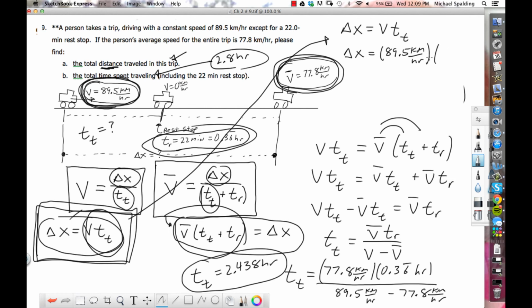And the time of travel was 2.438 hours, just the time while moving. So this gives 218 kilometers.